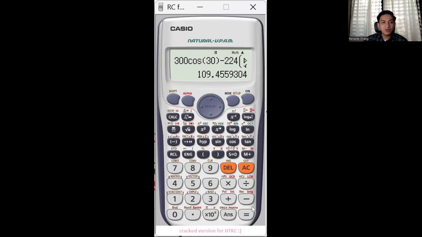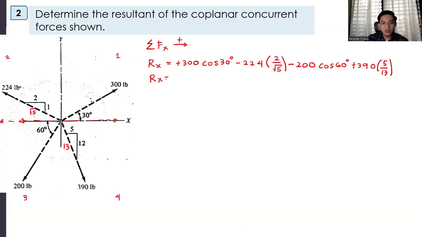It is equivalent to 109.456 pounds. So, Rx natin is equivalent to 109.456 pounds.